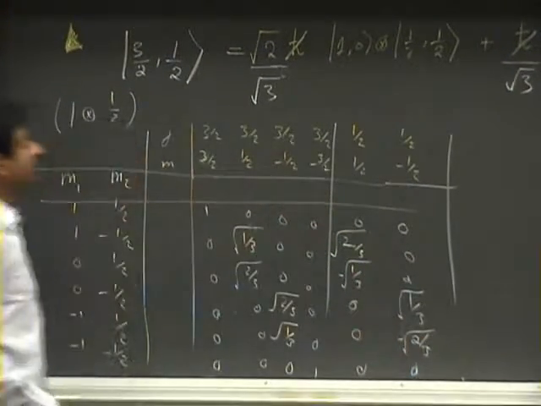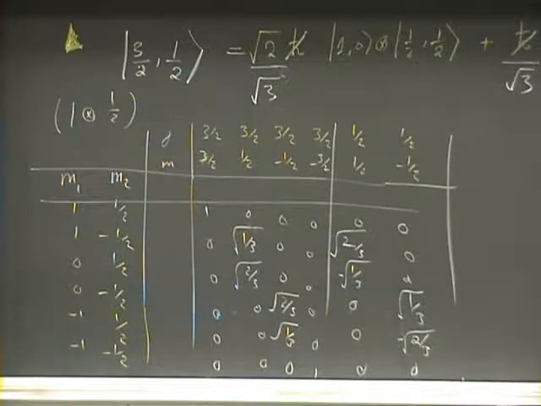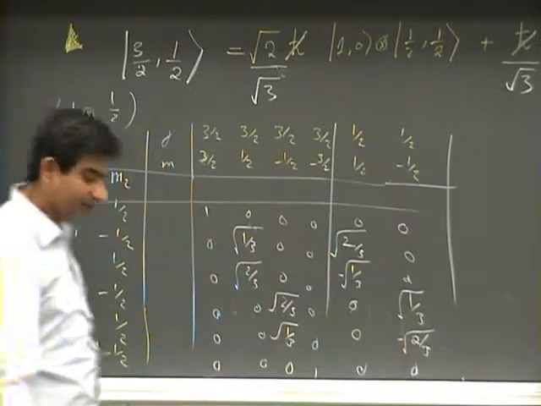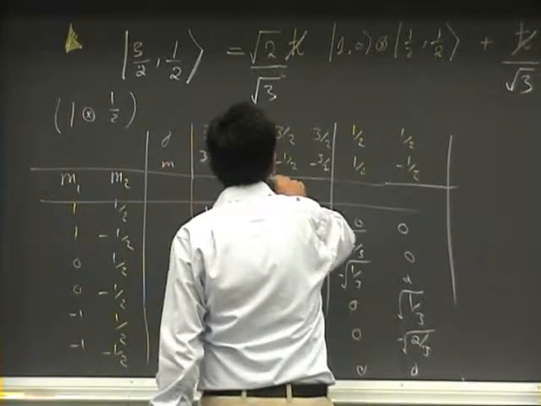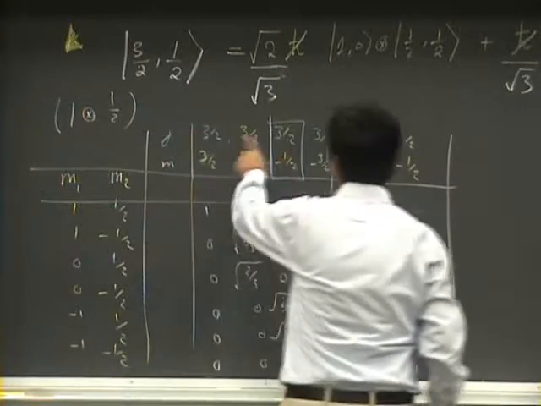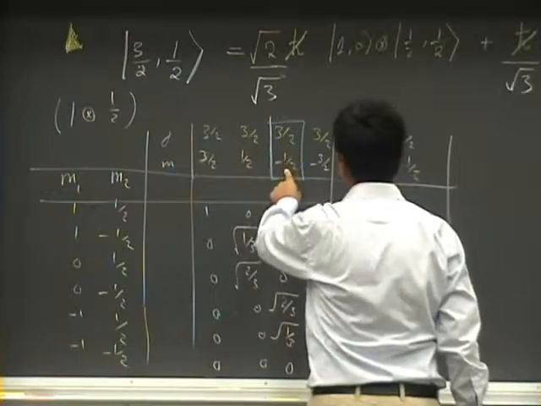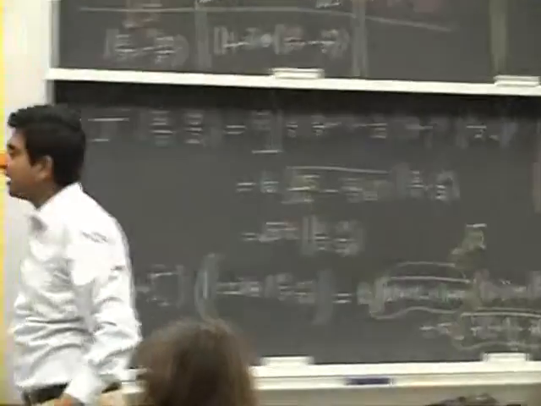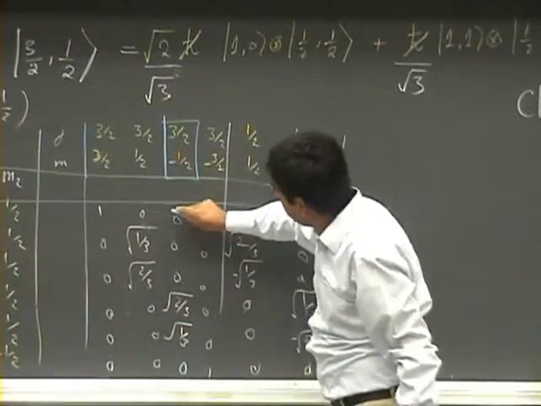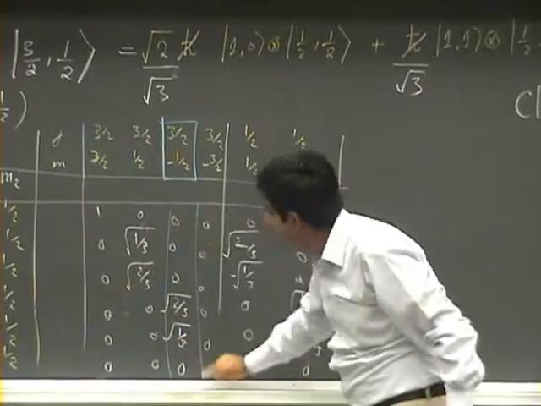So this is a typical Clebsch-Gordan coefficient table, in which, suppose you want this J and mJ state, which has a value of J equal to 3 by 2 and mJ equal to minus half, which means you would like to find out this state. You will just pick up the Clebsch-Gordan coefficients from this column.